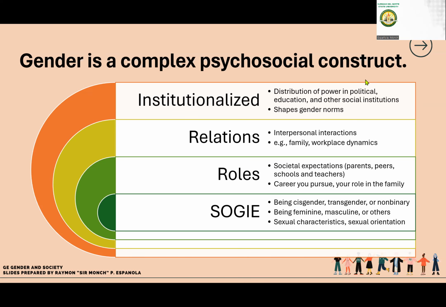These gender roles reside outside the person, because again these are expectations, these are responsibilities that people assign to us in relation to usually our sex. That's why you can read here societal expectations of parents, peers, schools, teachers, and even the careers that you will pursue and your role in the family.